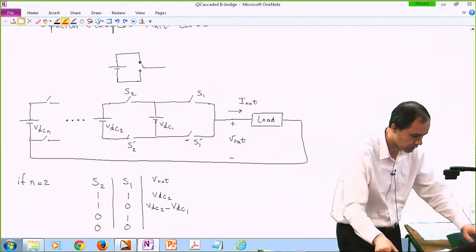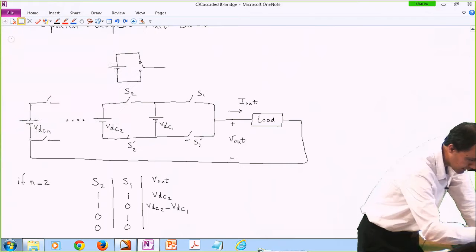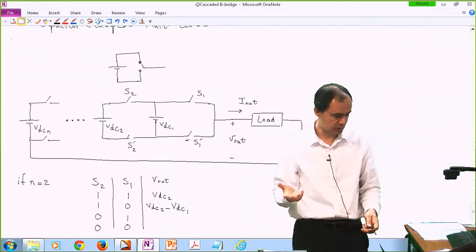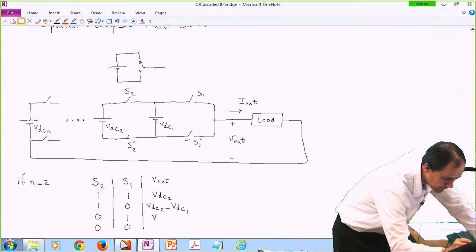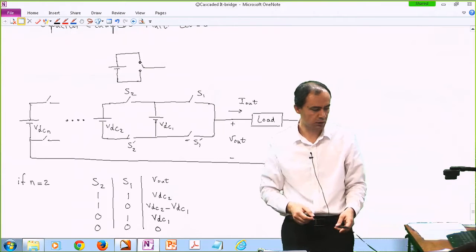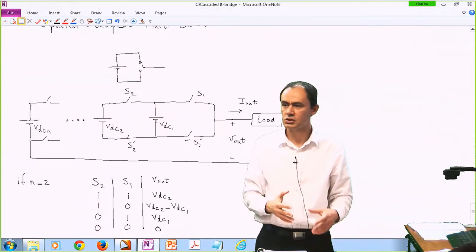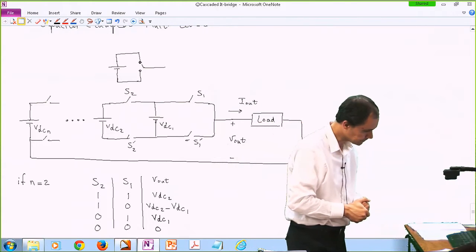And if S2 is off, S1 is on. At the same time, S2 prime is on, S1 prime is off. We are looking at VDC1. And if they are both off, output is 0. Okay. So with this structure, assuming n is 2, we can generate four levels.